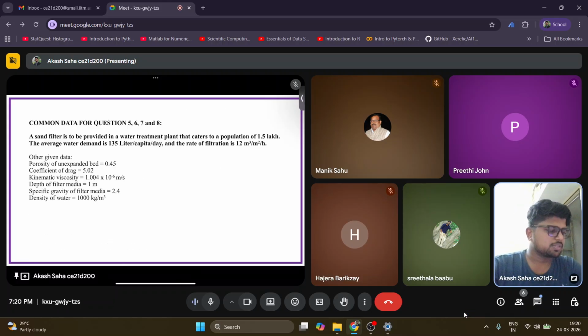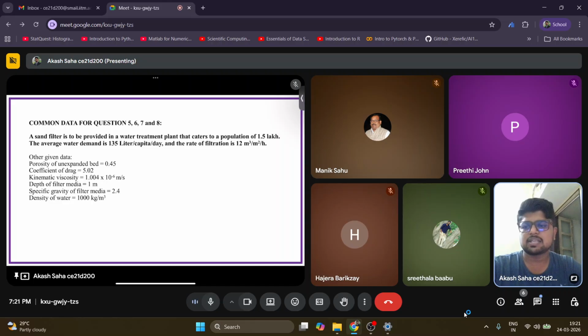Next one. Okay, a small numerical. So first the common data is given, then we will see the questions. A sand filter is to be provided in a water treatment plant that caters to a population of 1.5 lakhs. The average water demand is 135 LPCD and the rate of filtration is 12 meter cube per meter square per hour.